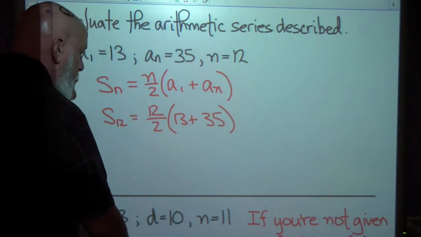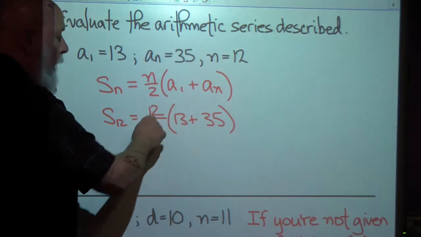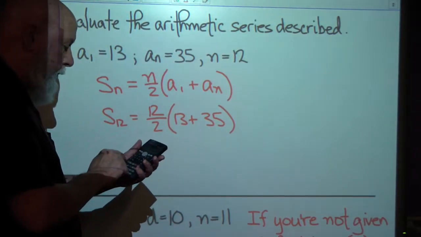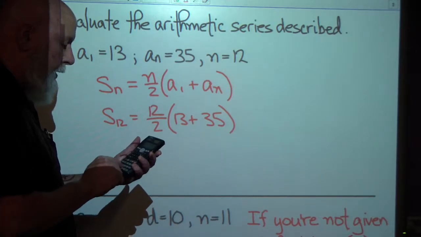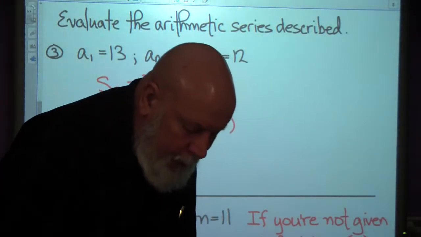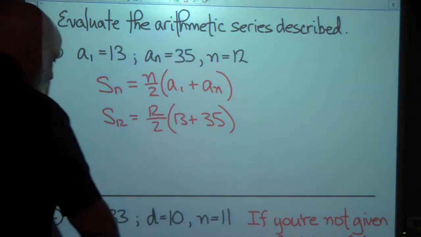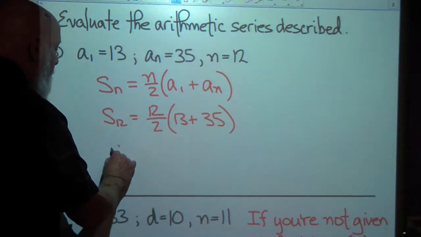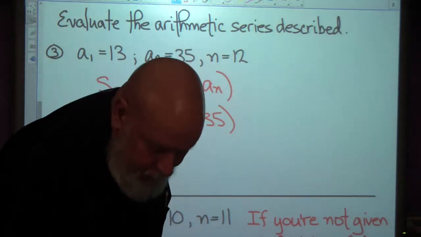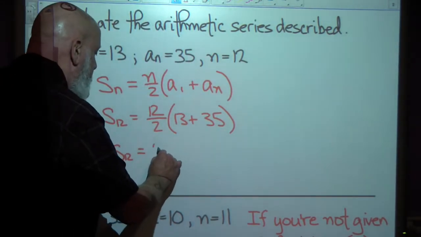And that will give me, what is that, 48 times 6? Whatever that is. I wouldn't normally do that in my head, but it's early and I make lots of mistakes. I get 288. I might as well check that and say, yay! I highlighted my answers today. So the sum of these 12 terms would be 288.